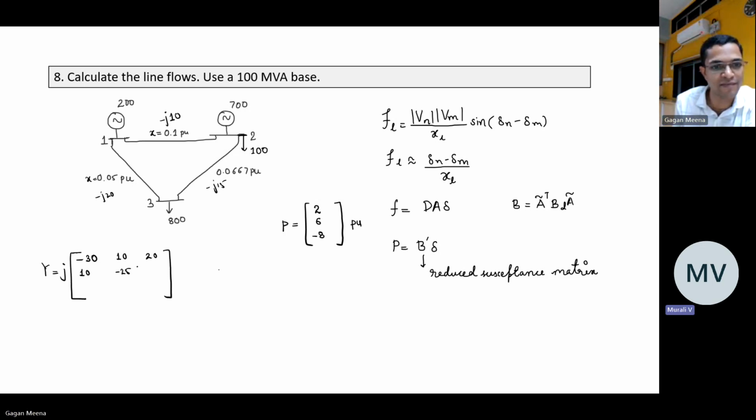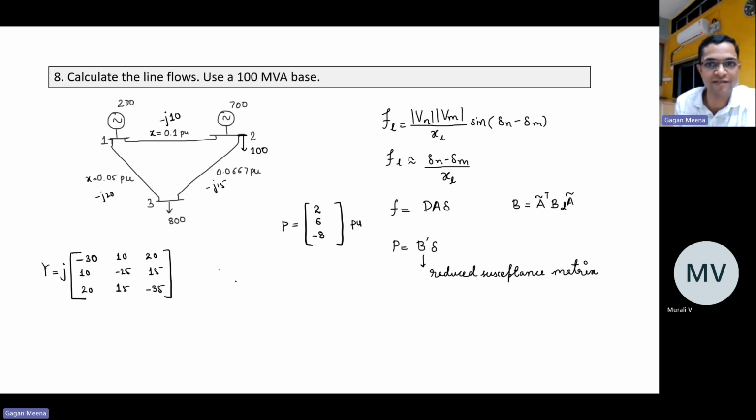Then this is 15, for 2 and 3. Now these two are the same, 20, symmetry. And this is 30, this is 35, minus 35. So now this is the Y bus.